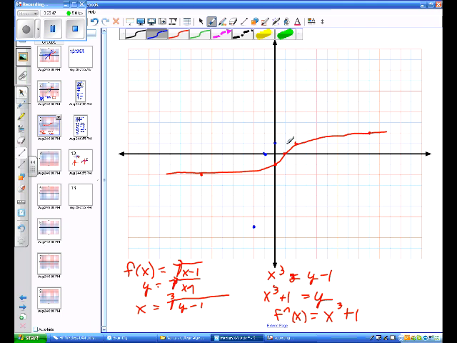Normally then we have 1, 1, and then we go up 1. And 2 cubed is 8, and we will go up 1. So this would be our inverse function.